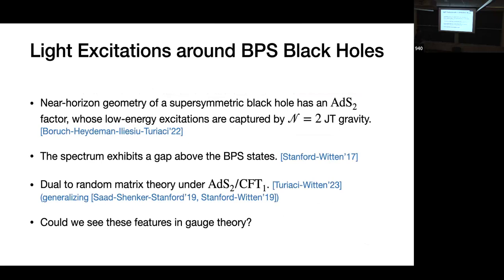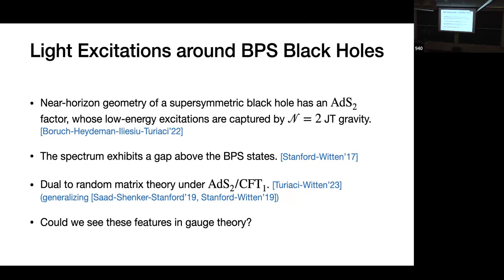So let me first discuss what's the expectation for the behavior of near-BPS black holes. The near horizon geometry of a supersymmetric black hole contains an AdS2 factor, and that basically tells us that the low energy excitations on this AdS2 factor are captured by N=2 JT gravity.